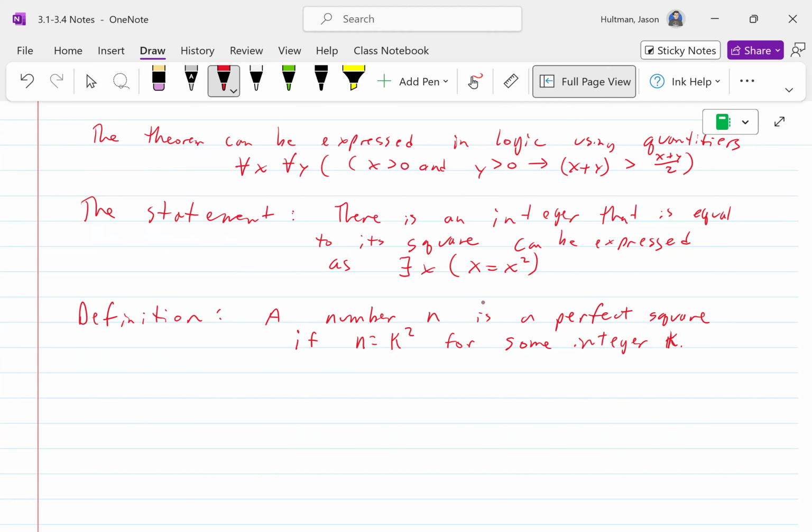Okay, first type of proof is called a proof by exhaustion.